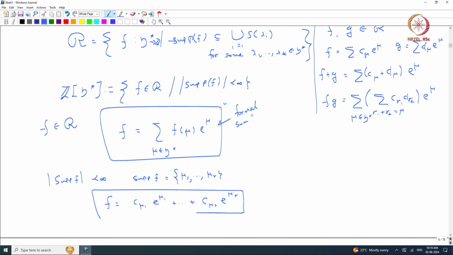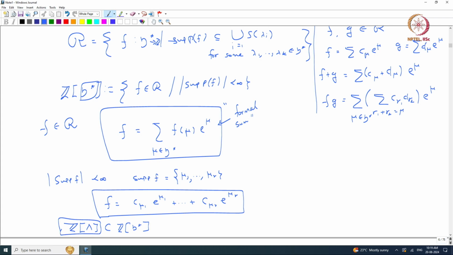So, this is how we write it. Indeed, when we work with the characters that come from finite dimensional representations, we will be able to cut down this H star to the weight lattice. So, we will be working with the group ring generated by the weight lattice, which is sitting inside H star. We will make a comment about it later when we consider the finite dimensional representations.